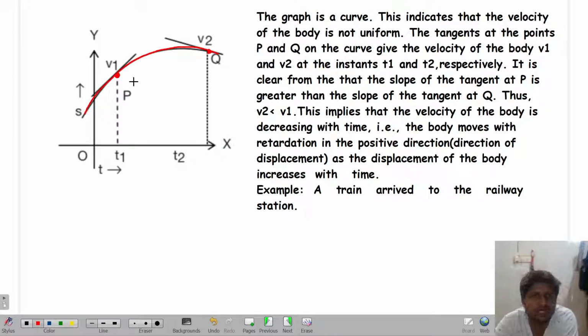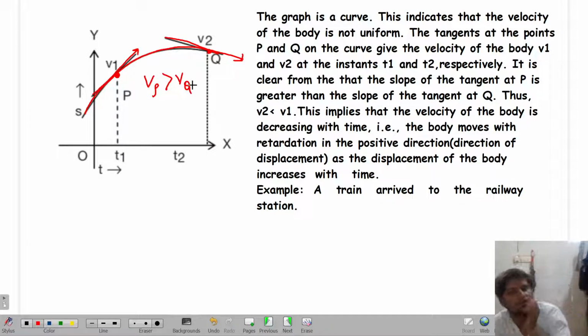So I'll draw the tangents. I observe that for point P, the tangent is pointing upwards, while for point Q, the tangent is pointing downwards. That implies that velocity of point P is greater than velocity of point Q. Why?